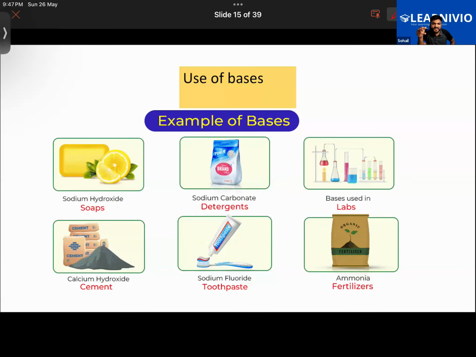Some of the bases, particularly baking soda, are used in the baking industry. Some bases are used for cleaning also. For example, there's a base called ammonium hydroxide, which is used for cleaning stains from cloth.